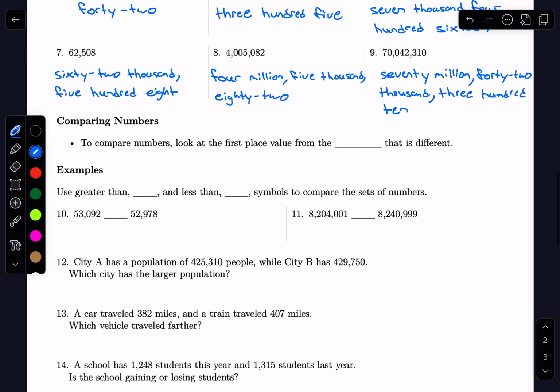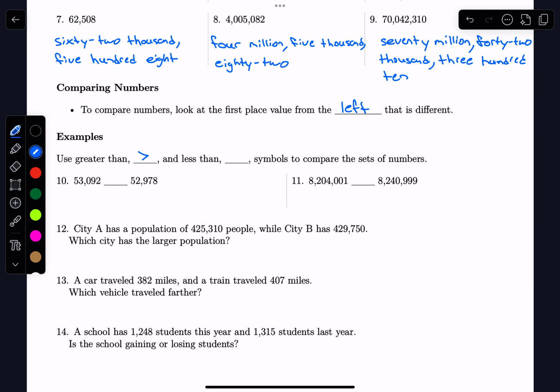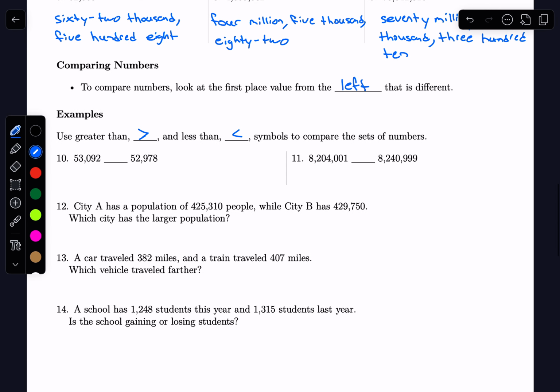All right, we are going to compare numbers by looking at the first place value from the left that is different. We are going to use greater than or less than symbols. Symbol on the left is greater than, symbol on the right is less than, just to compare these sets of numbers. So all we really have to do is find out which digit from the left is different and say which one's bigger or smaller.